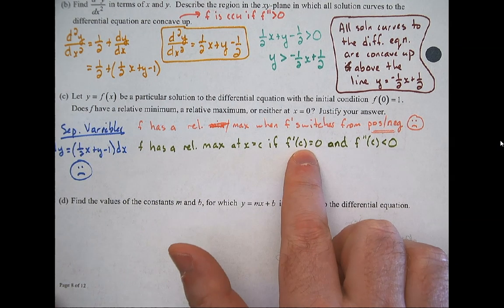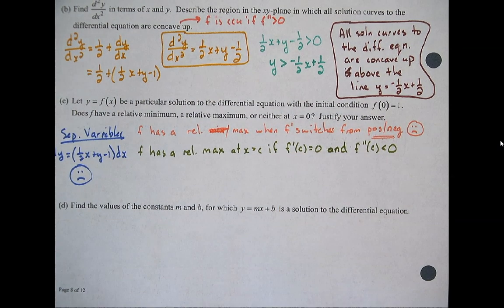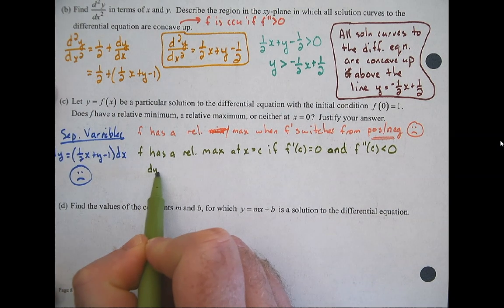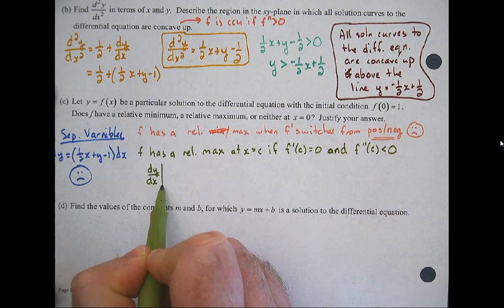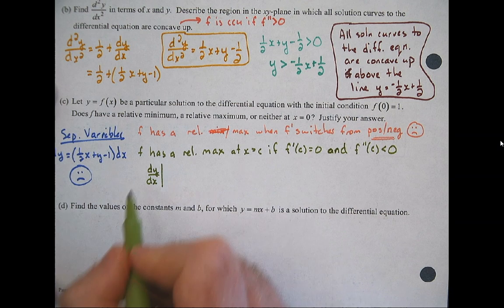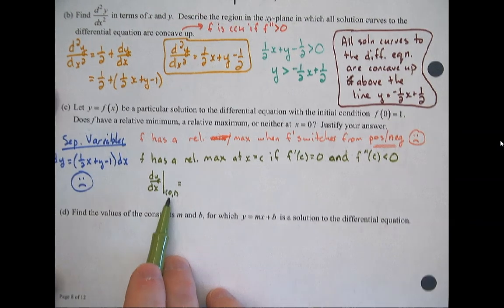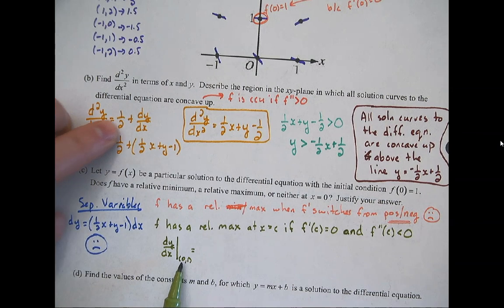So can we prove that f prime of c equals 0? We need to justify. Yeah, let's just prove it. And the way we evaluate that is you write it like this. You write dy/dx evaluated at (0, 1) equals. So in other words, go up here to your function. Do we have it anywhere else? Yeah, we could put it in right here. There's dy/dx.